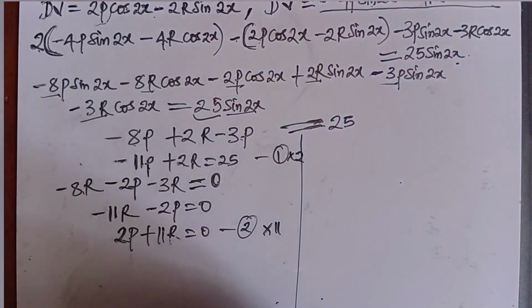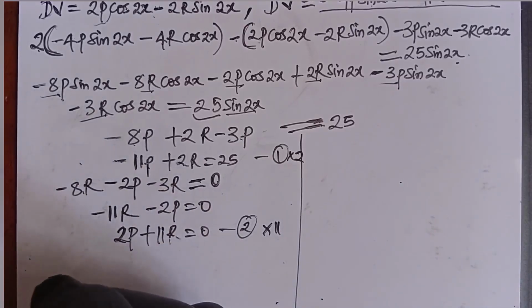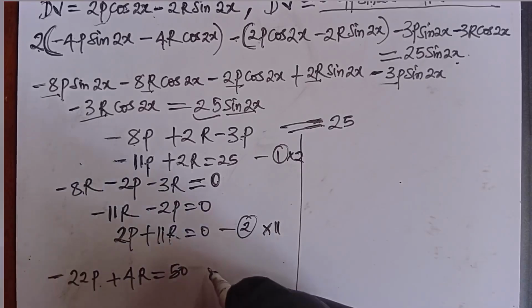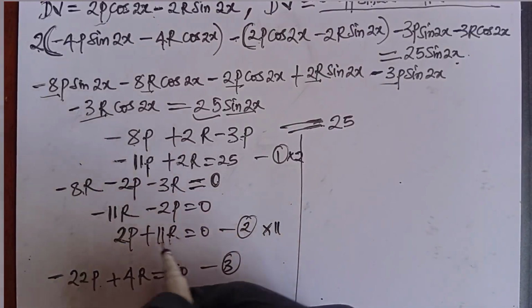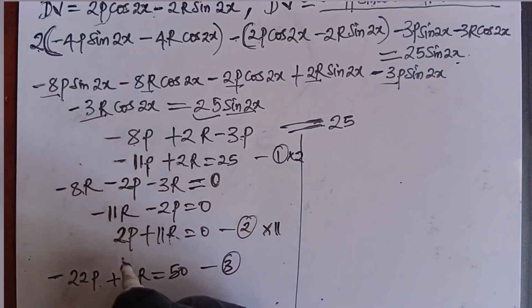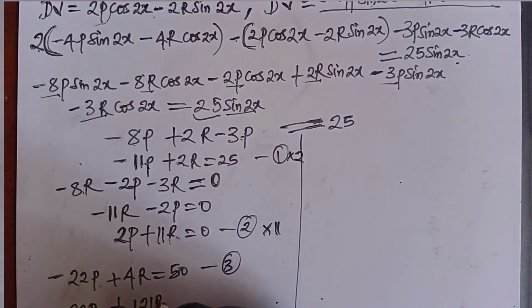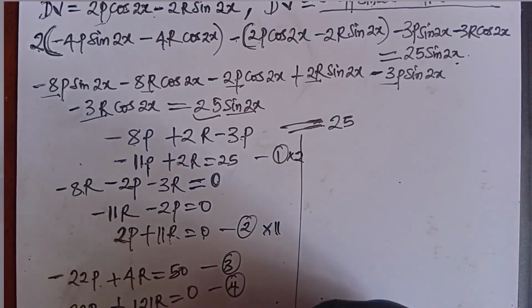So if I times equation 1 by 2, I'm going to get, am I right? Yes. Minus 22p, from equation 1, plus 4r equals 50. Let's call this equation 3. If I times equation 2 by 11, this will give me 22p plus 11 times 11 is 121r, equals 11 times 0 is 0. Equation 4.